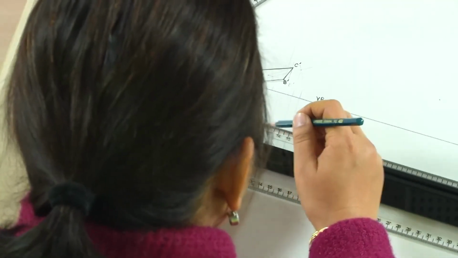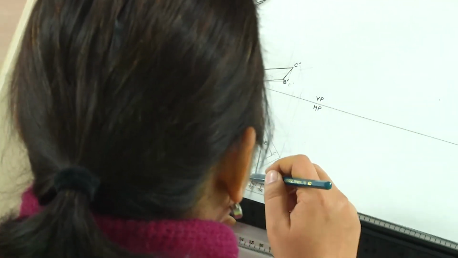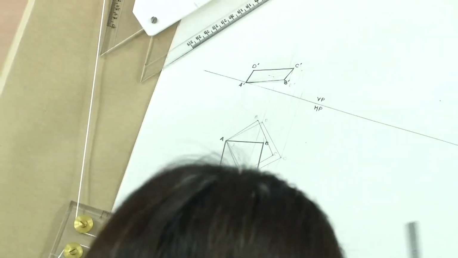So we start again with the same square, which was a square of 4 centimeter side.